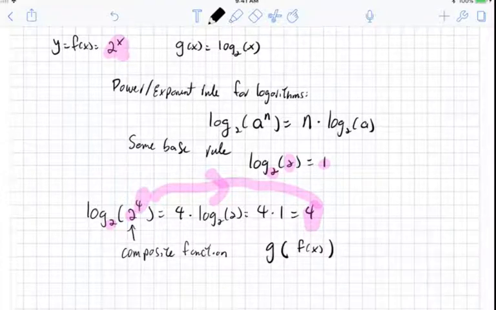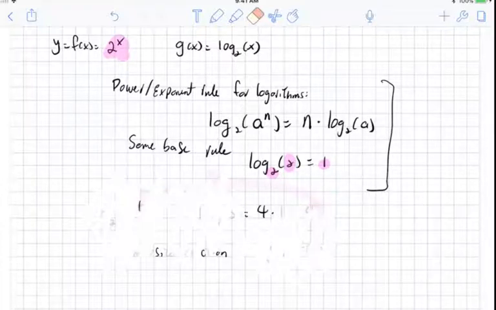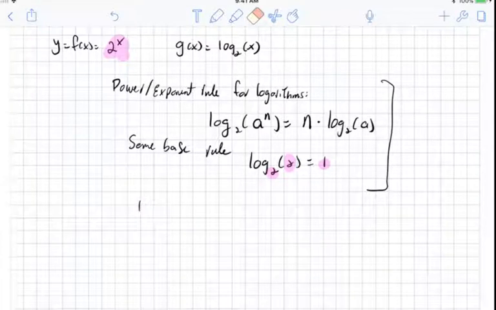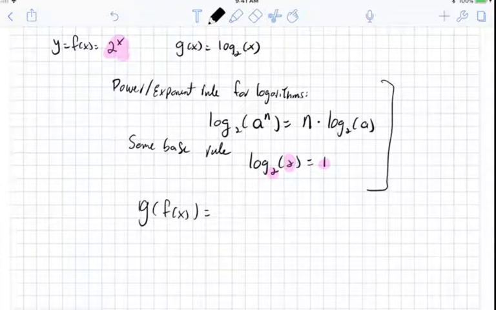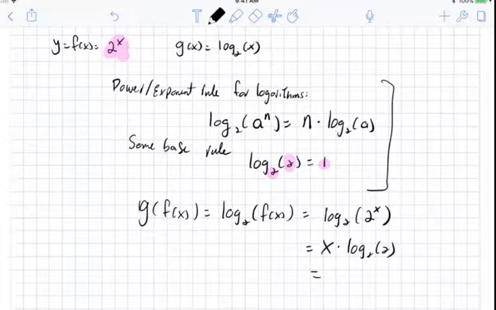Because of these two properties together, if I take the g of x function and I put the f of x function inside of it, you can write this as log base 2 of f of x, which in turn becomes log base 2 of 2 to the x, which in turn becomes x times log 2 of 2, which becomes x times 1, which becomes x.